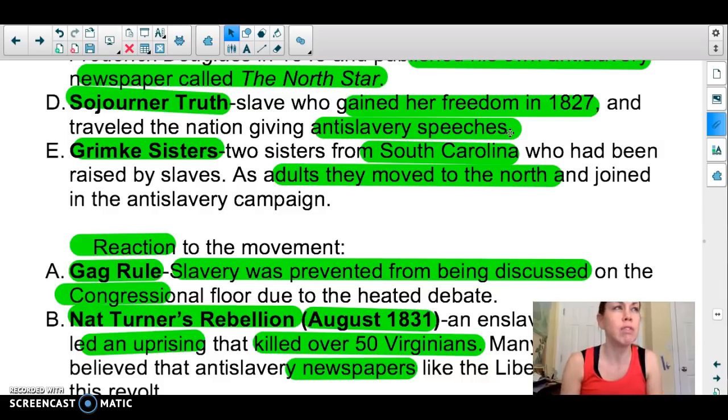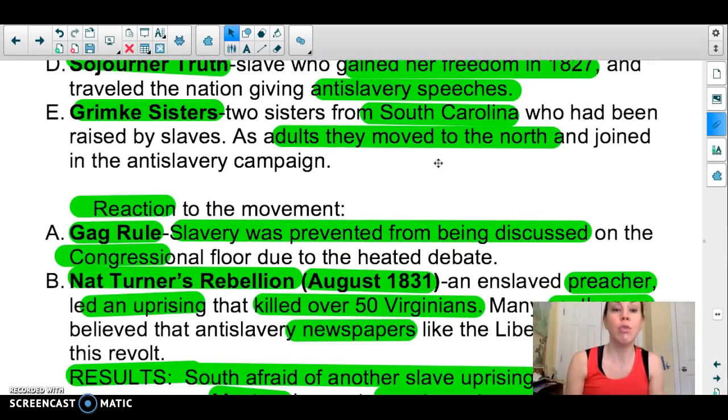She had somewhere between 11 to 13 kids. I can't remember exactly off the top of my head, but most of them were sold away from her to other plantations. And she will walk to her own freedom carrying one of her children. Amazing woman. And then, of course, you have the Grimke sisters. The Grimke sisters, 2 sisters from South Carolina who were raised by slaves.